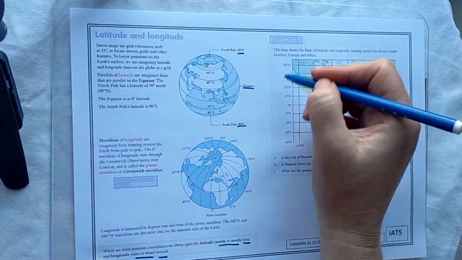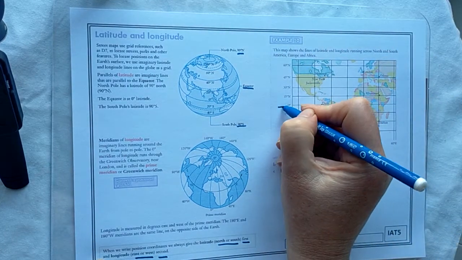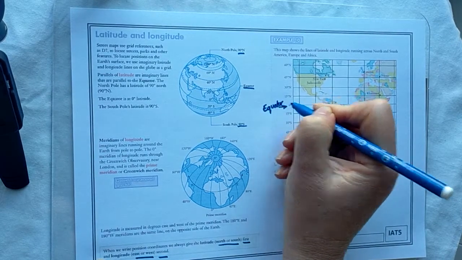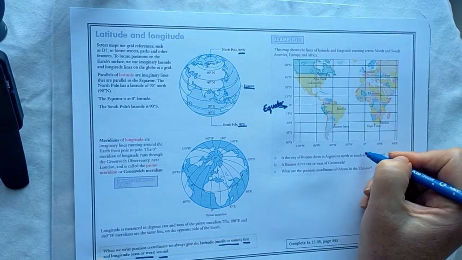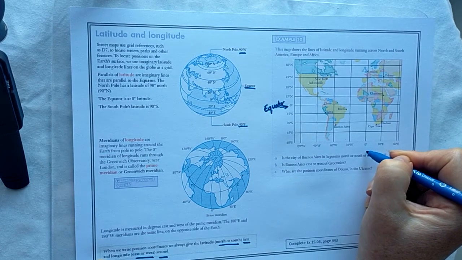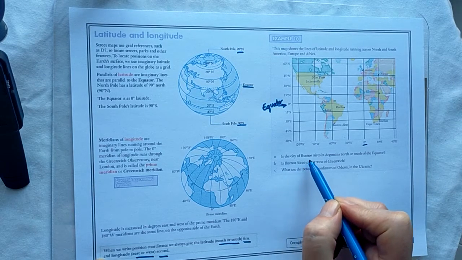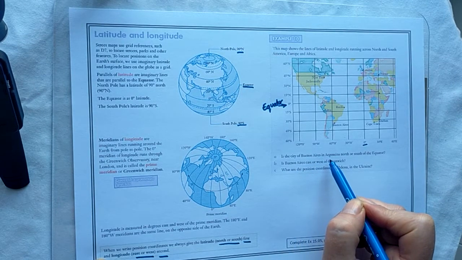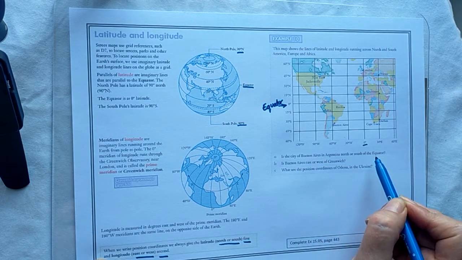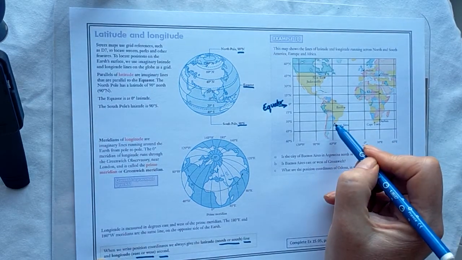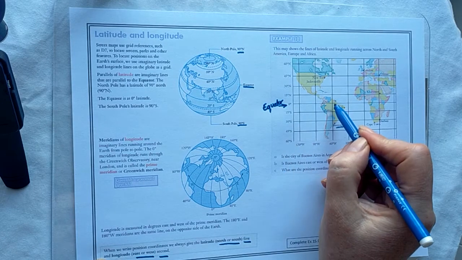If we have a look at this example, we've got 0 here, which is our equator, and we've got 0 here, which is our Greenwich line. It says, is the city of Buenos Aires in Argentina north or south of the equator? So we're going to find it here. Here's Buenos Aires. The equator is here.